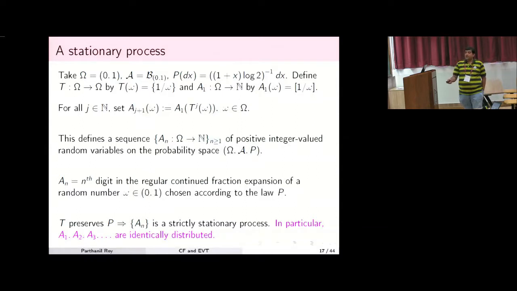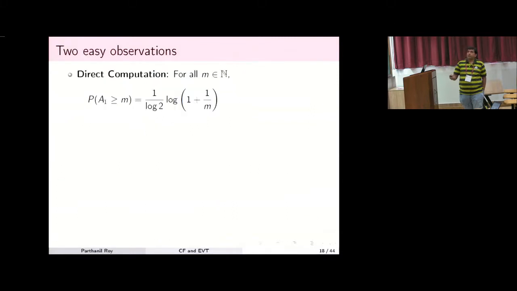So why is this identically distributed important? Because now I'm only going to talk about some probabilistic properties of A_1. Same applies for A_36 as well. Two easy observations without proof. By doing brute force computation, you can show the tail of A_1, which is a positive integer valued random variable: you take an integer m, you look at the tail of A_1, and this behaves like 1 over m up to a constant.